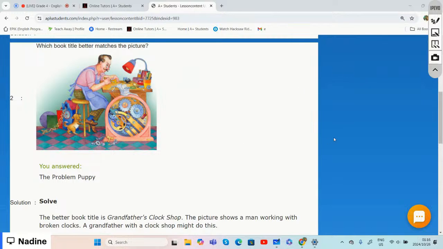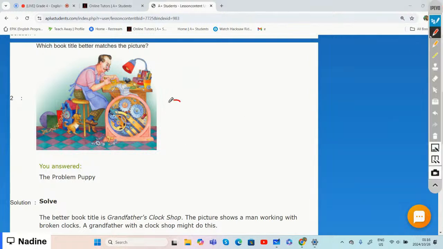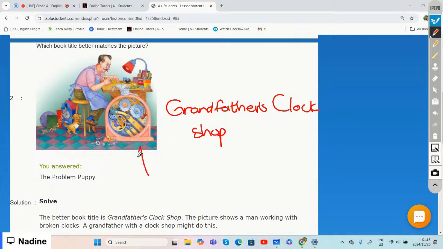And if we were to choose the correct puppy, we'd say it is Grandfather's Clock Shop. Because as you can see, he is either making clocks or fixing clocks, right?